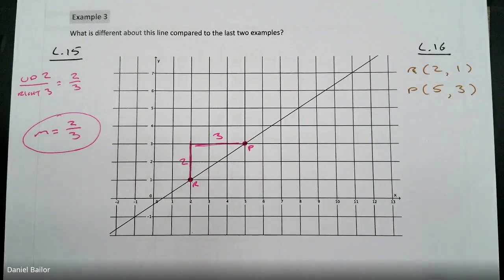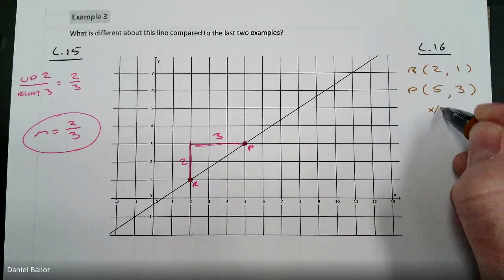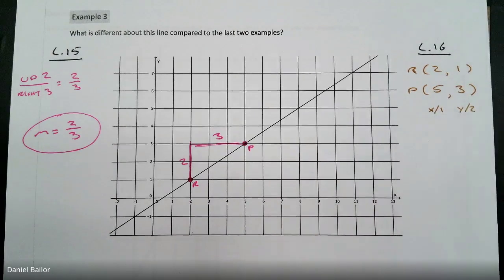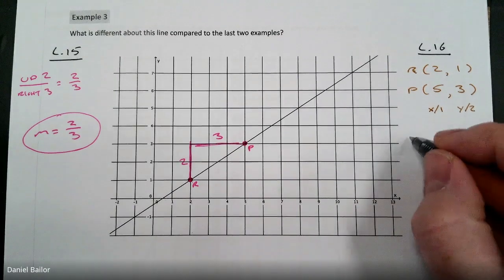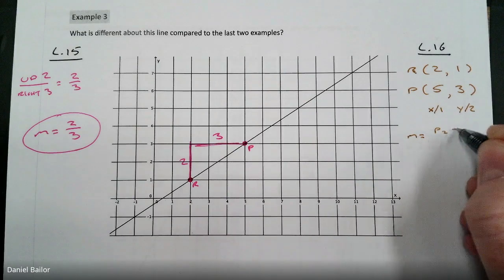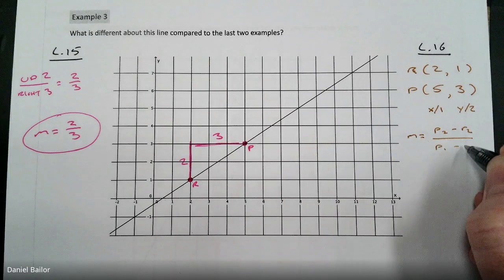And remember, these are the x coordinates, also the number 1s, and these are the y's and number 2s, just so you know for your formula. We use the slope formula, which was m equals P2 minus R2 divided by P1 minus R1.